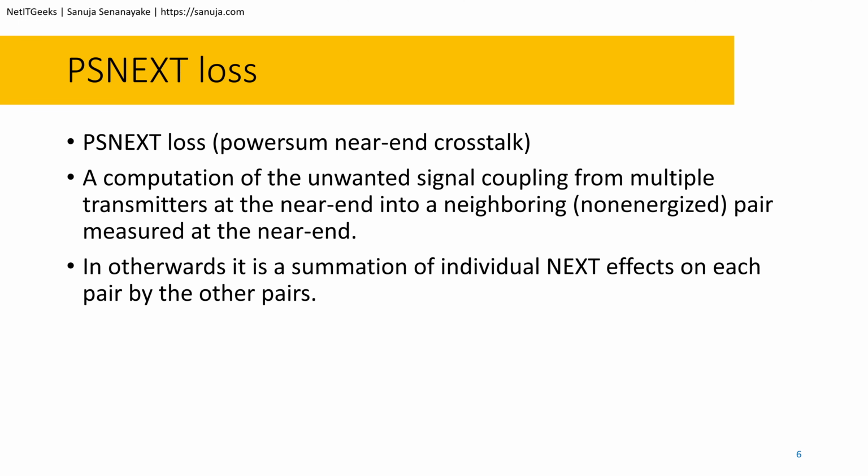So this is what we call a type of crosstalk that is caused by nearby cables. It is like the NEXT loss, but it is the summation of the entire NEXT effect.